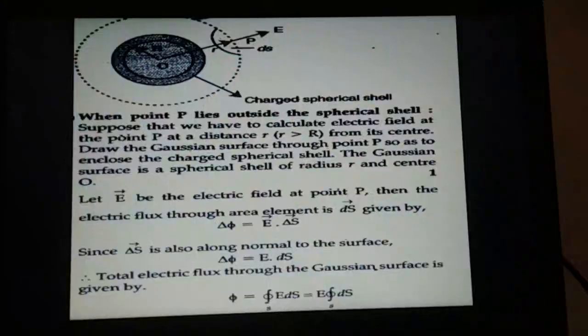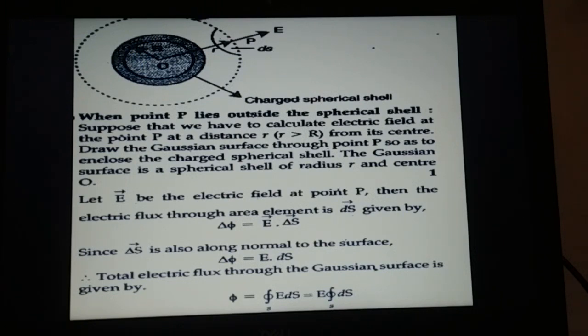Are you getting? Then you can apply Gauss theorem over that Gaussian surface so as to find out the electric field intensity due to that conducting thin shell. Are you ready? Okay, come. Okay, see the diagram where you are having a conducting shell of radius capital R here. Can you see?